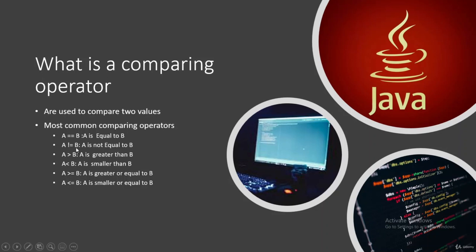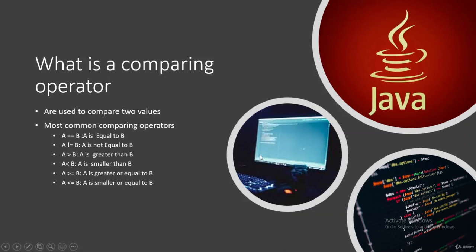The second one right here, which is an exclamation mark with an equal sign, means that A is not equal to B. Let's say we're comparing A with B and we want to know if A is not equal to B, we can write down this sign.